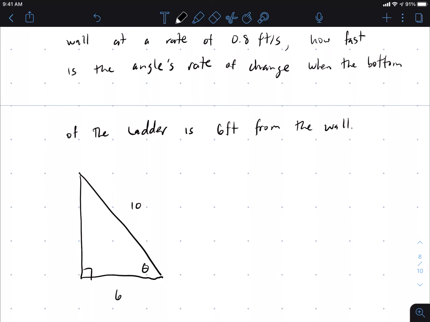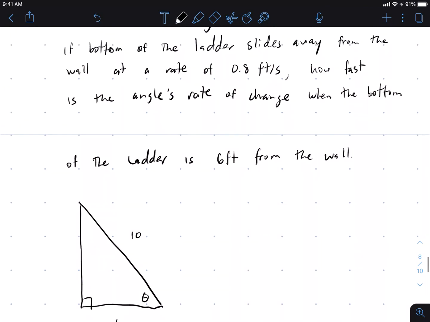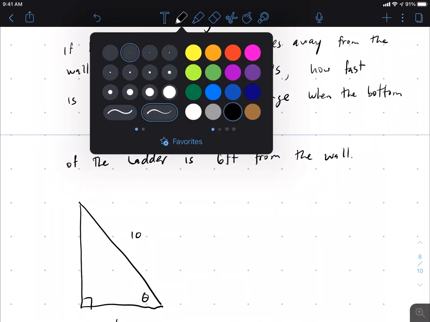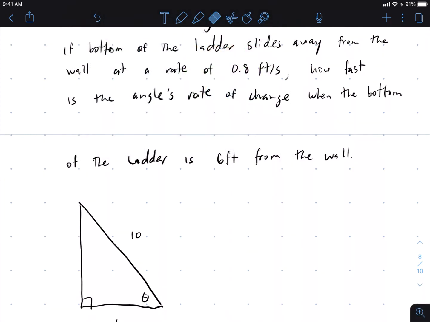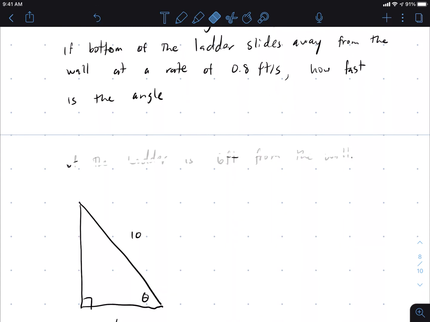And really, I think I copied the problem wrong. I want to write it down so you guys have it exact.